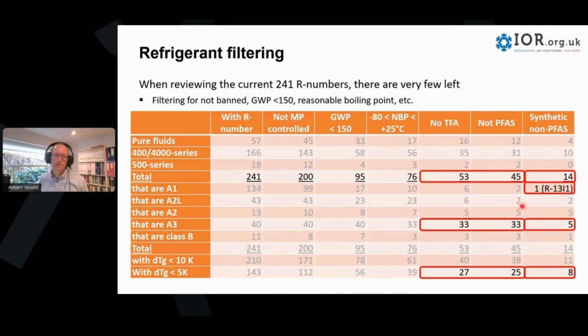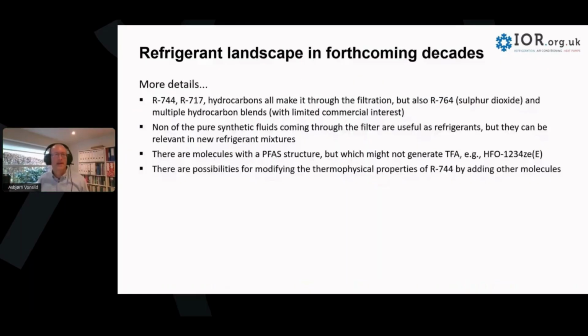And if you then look at how many of these have a low glide or small glide, it's only 8. And if we go a bit more into the details, then it's just successful.